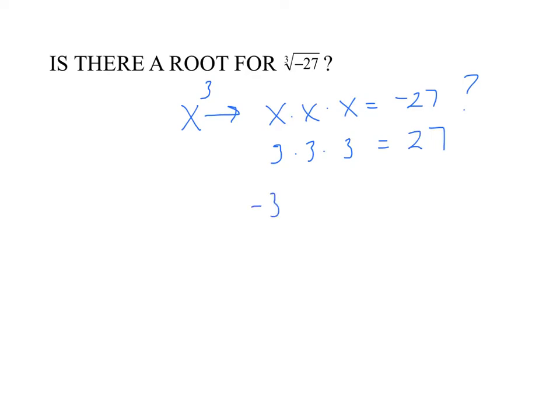What happens if 3 is negative? We get a +9 times a -3. We do get a negative value, so we get -27. So here we do have an answer: the cube root of negative 27 is negative 3. So here it is possible to find a root.